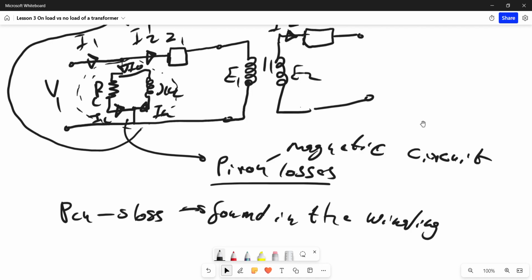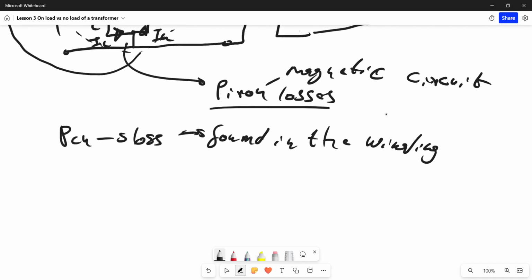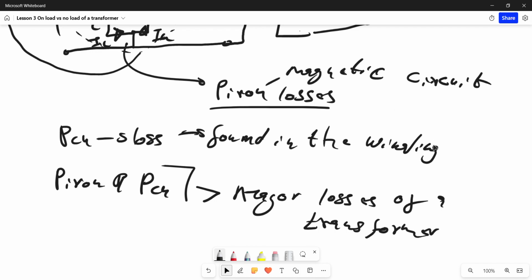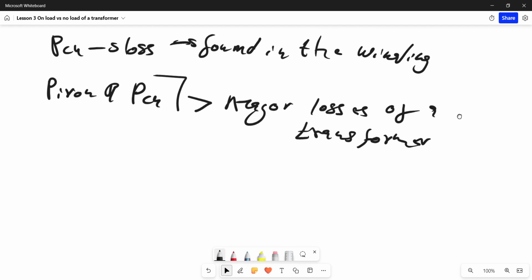These two, P iron and P copper, are called the major losses of a transformer.